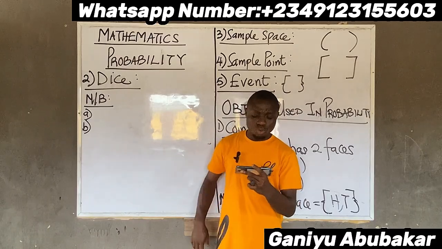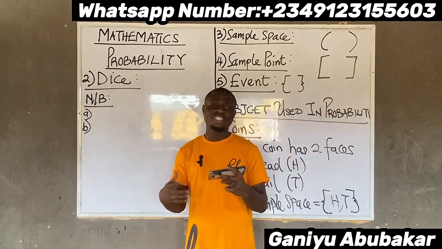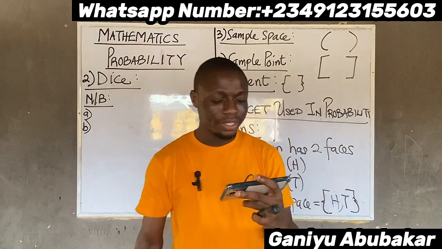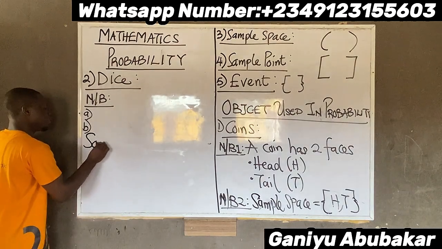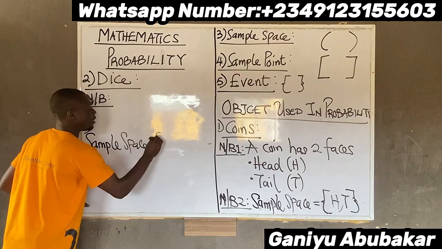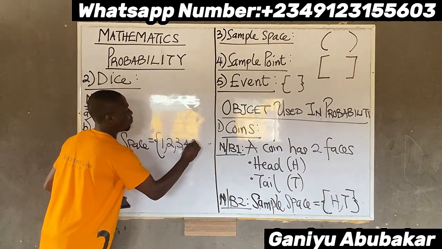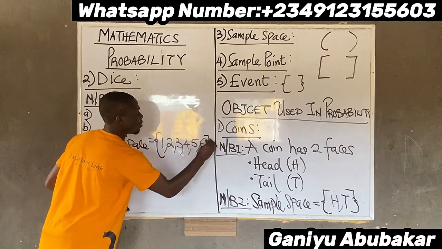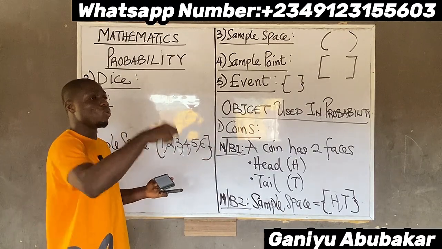Also, each number has an equal chance of appearing when a dice is rolled. That's true. Also, the sample space of a die is 1, 2, 3, 4, 5, 6, because the dice has 6 faces and each face has a number from 1 to 6.